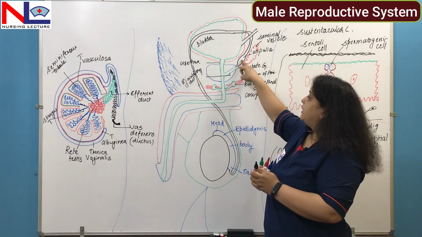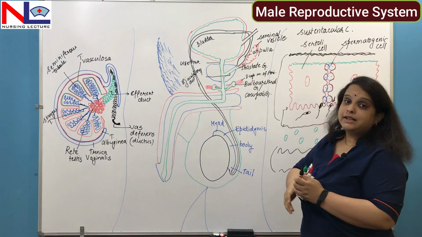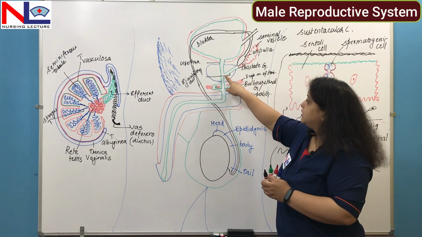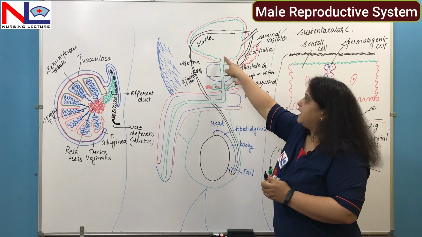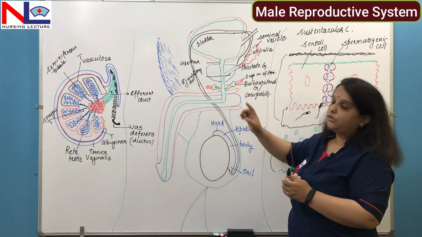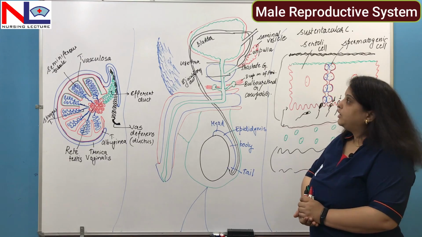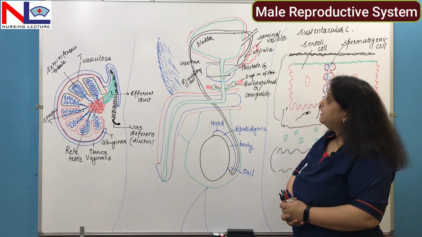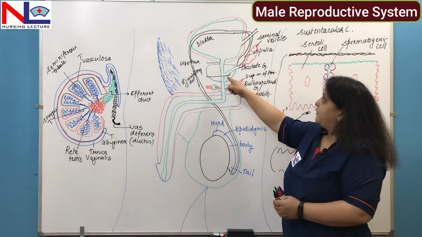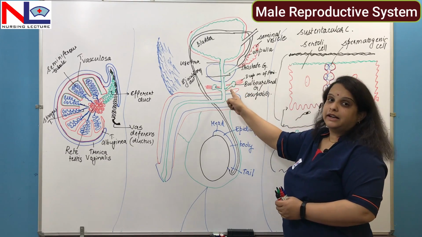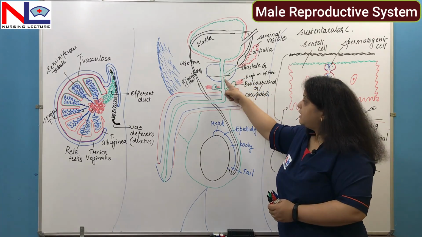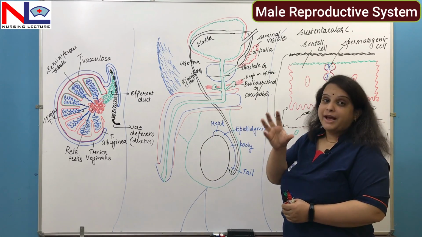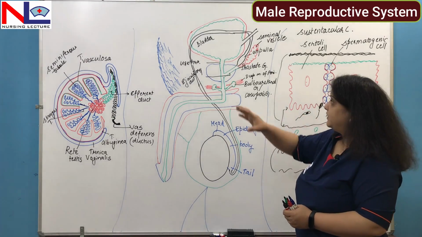Now at the distal part, the dilated portion and the seminal vesicle duct merge together to form a common duct called the ejaculatory duct, which opens into the urethra. This ejaculatory duct is a 2 cm long tube that opens inferior to the prostate, and from here it merges with the main duct called the urethra. The urethra is a 20 cm long duct system which is a common passage for the excretion of urine stored in the bladder.